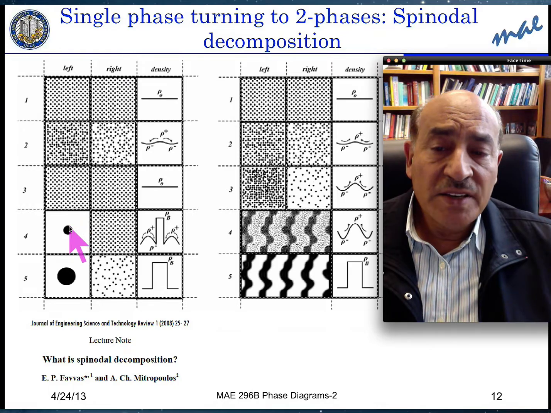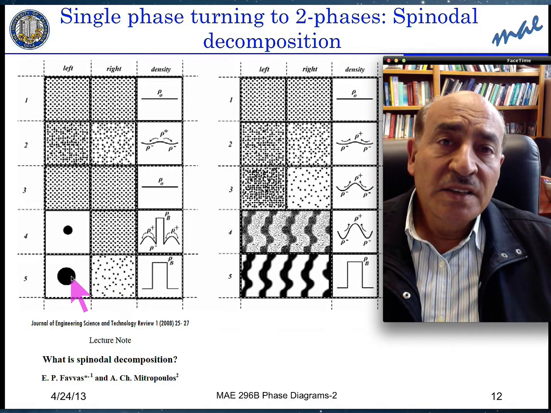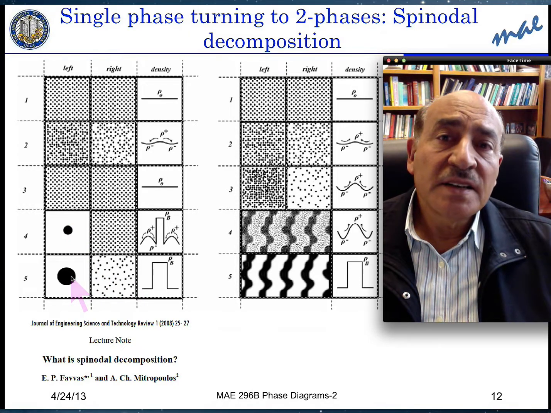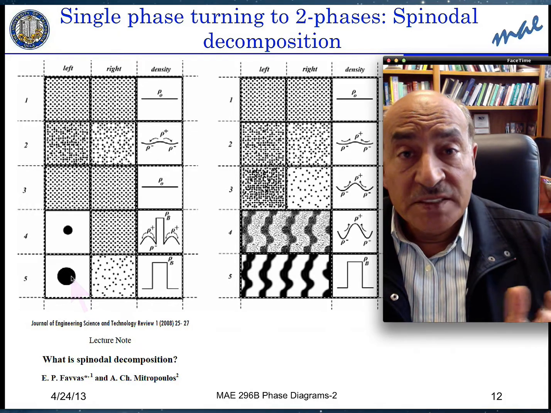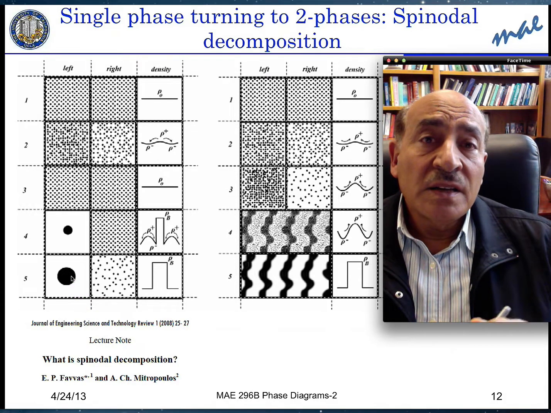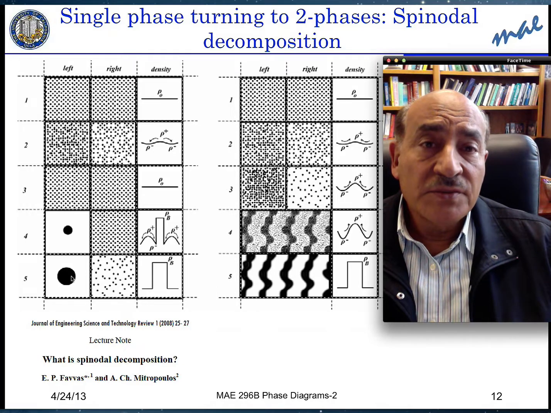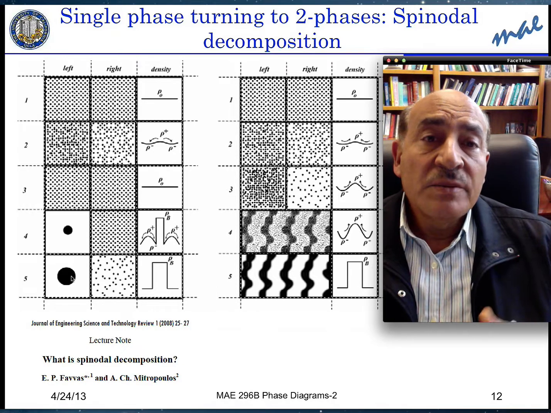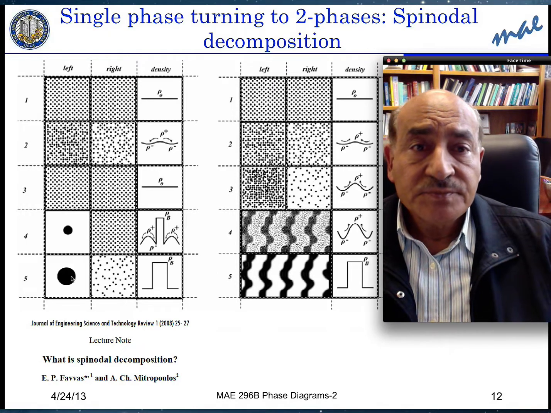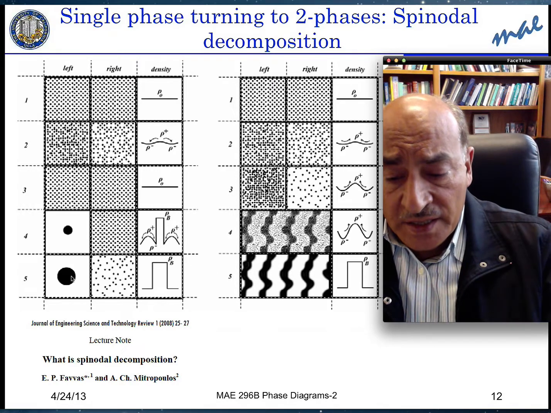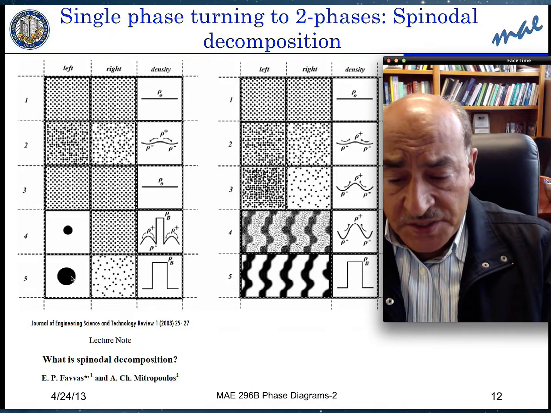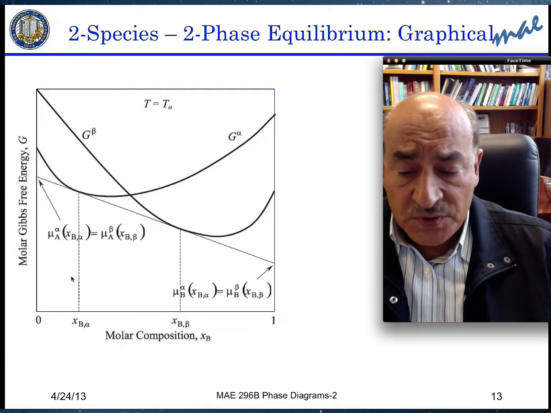From here to here is a nucleation, and from here to here is a growth of that species. So this is a fundamental difference between the nucleation and growth of a new phase versus a spinodal decomposition between two different phases. So we'll now have the understanding of the idea of spinodal.